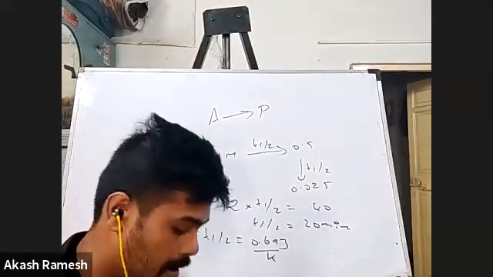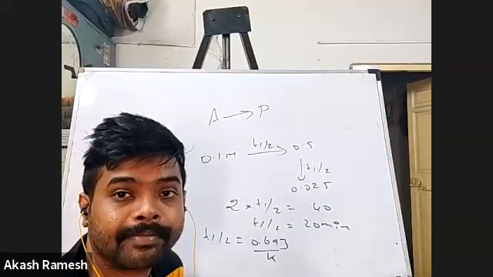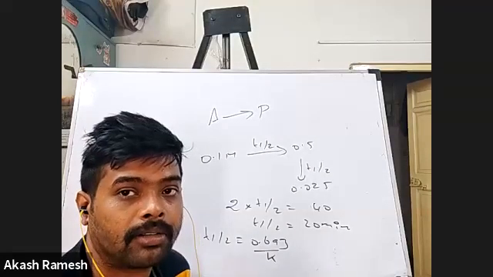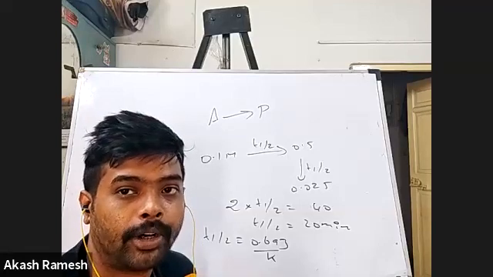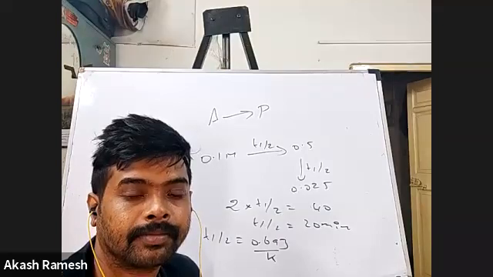And then what do I have to do? How will I find the rate after I find k, when the concentration is this much? How will I find the rate? Are you understanding what I'm telling? It's k into concentration to the power n.